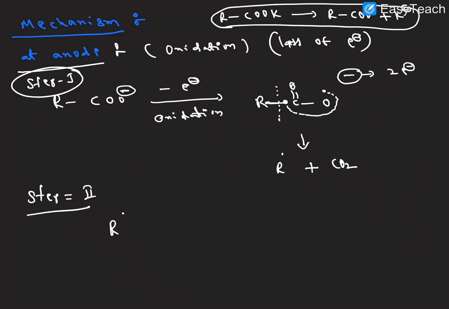Here one radical is combined with another radical to form a hydrocarbon. In which place are we getting the hydrocarbon? That is the anode. What about the cathode reaction?